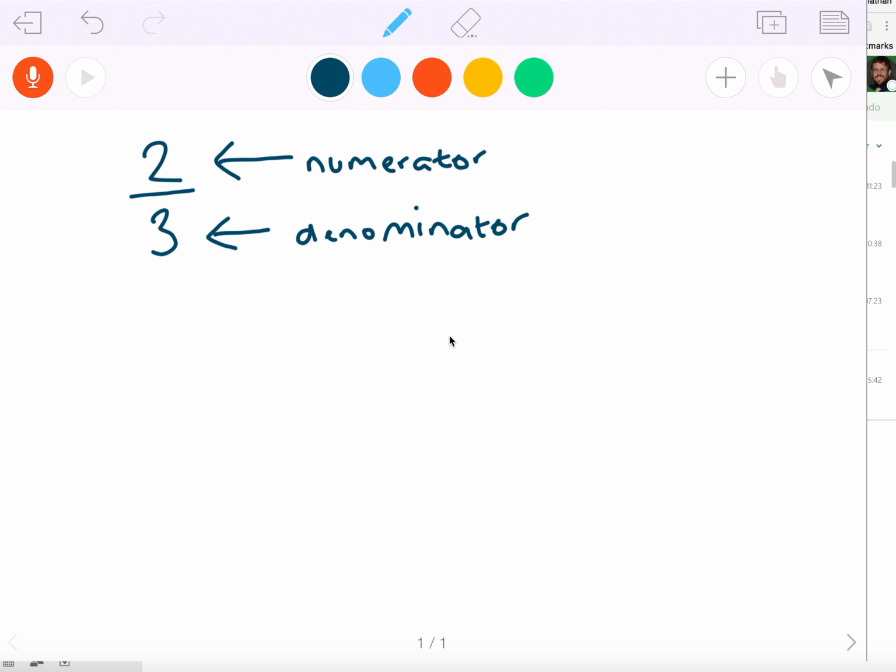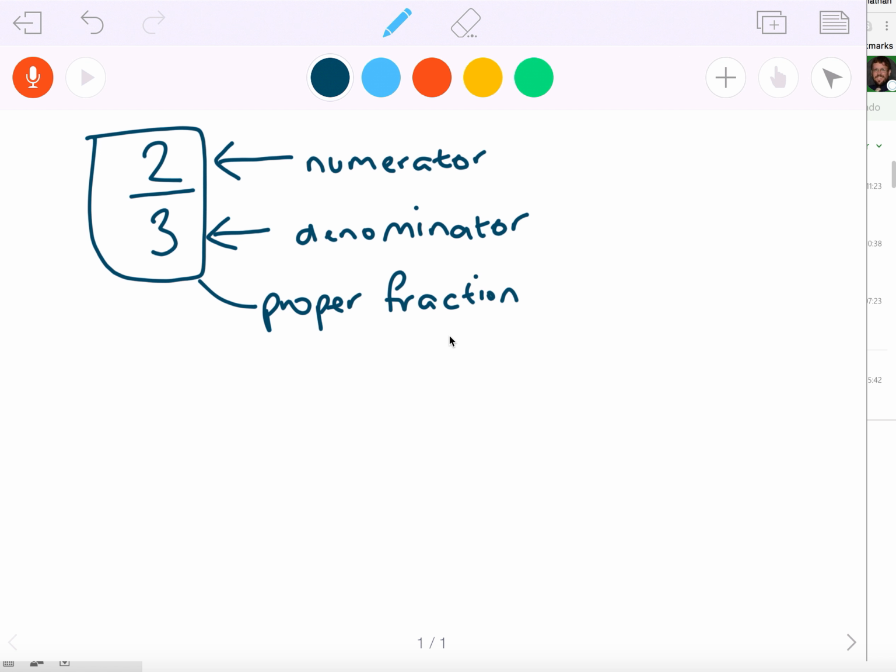Just a few more keywords. This is, in fact, a proper fraction. The reason why it's a proper fraction is because the numerator is smaller than the denominator.